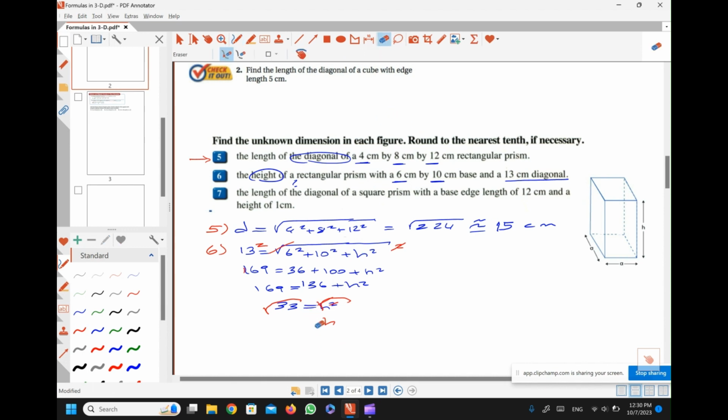It will give you an approximate result. When you round it to the nearest tenth, it's going to be 5.7. The unit given in the question is centimeter. So the height of this rectangular prism is 5.7 centimeters.